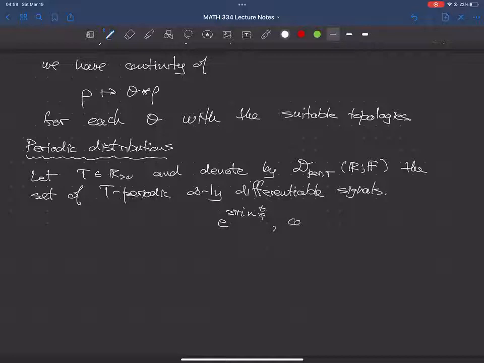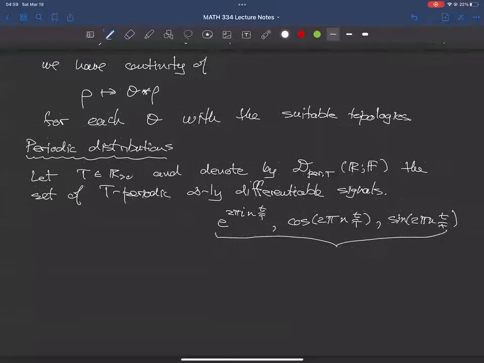And then in the real case, it would be cosine and sine of 2 pi n t over T. Okay, so this is a particular collection of things in D per T. Okay, and these are called harmonic signals. And they're going to be very important to us when we talk about things Fourier.